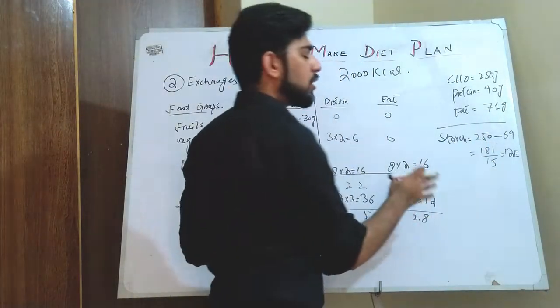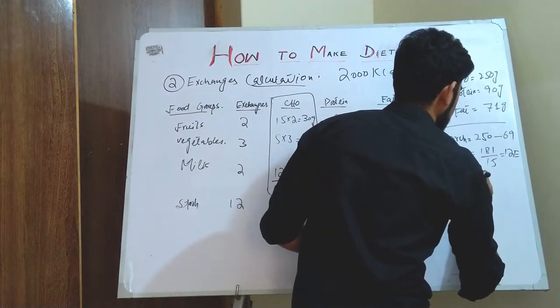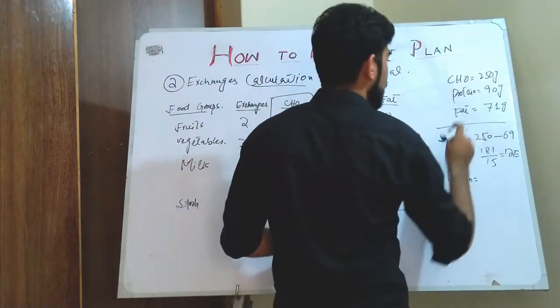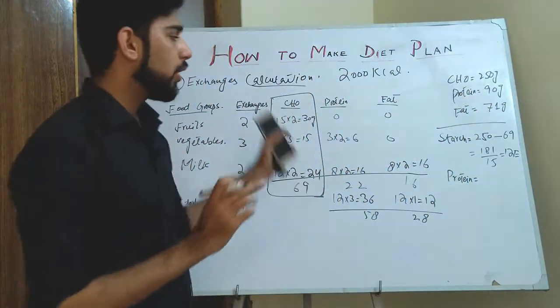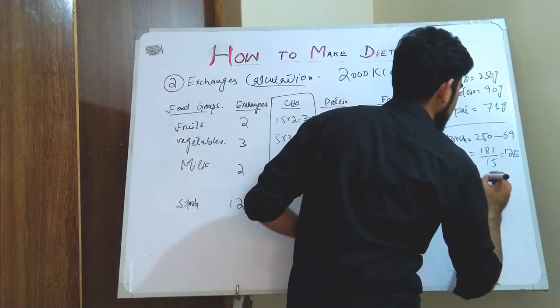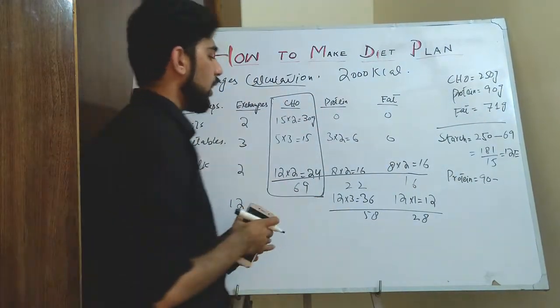Similarly, as we do with the starch, we'll do with protein. The total grams of protein that we calculate through AMDR are 90 grams, and the protein that we get from here is 58.